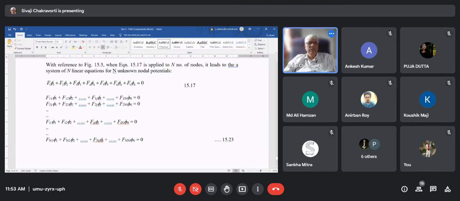So only 5 node potentials and 5 coefficients. But if it is a 1000 by 1000 node, then only 5000 will be non-zero, rest are 0 in FDM. In FEM, it is 7000 non-zero, rest are 0. So both FDM and FEM have one feature in common, that their matrix is a sparse matrix.